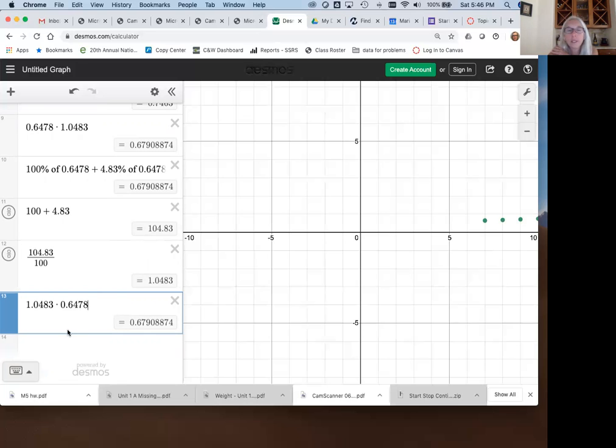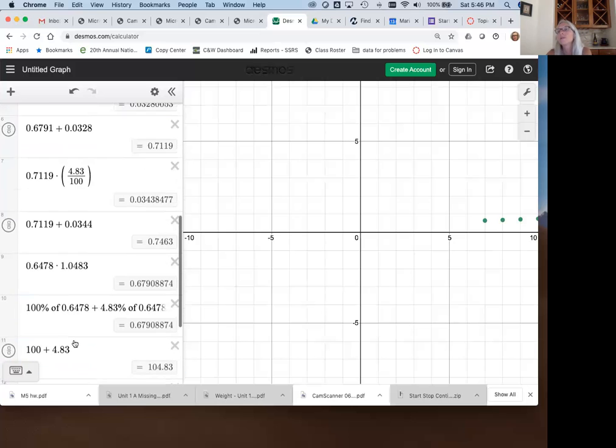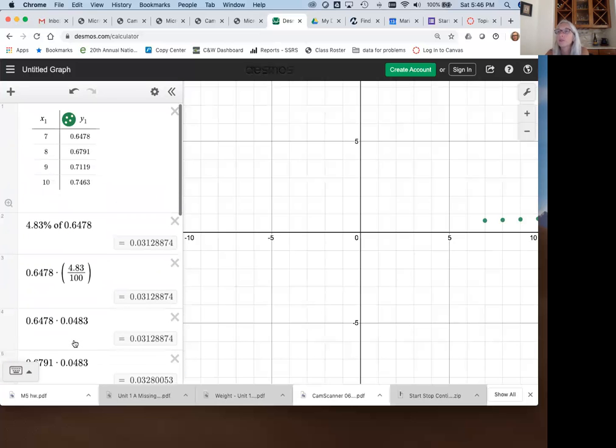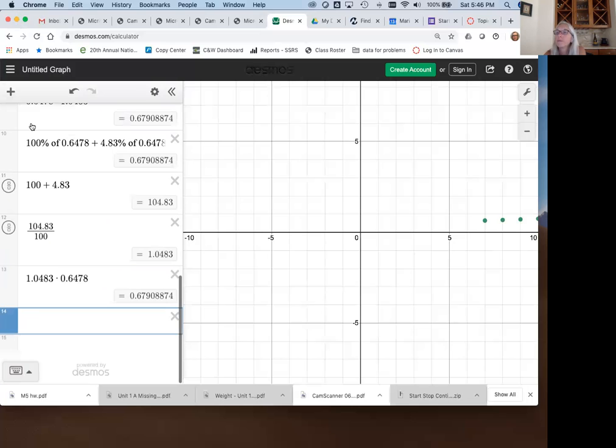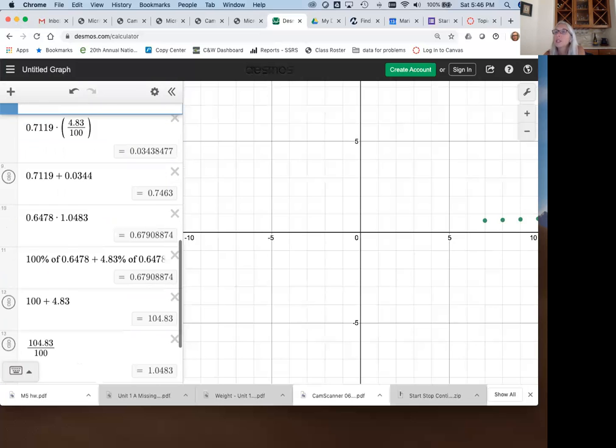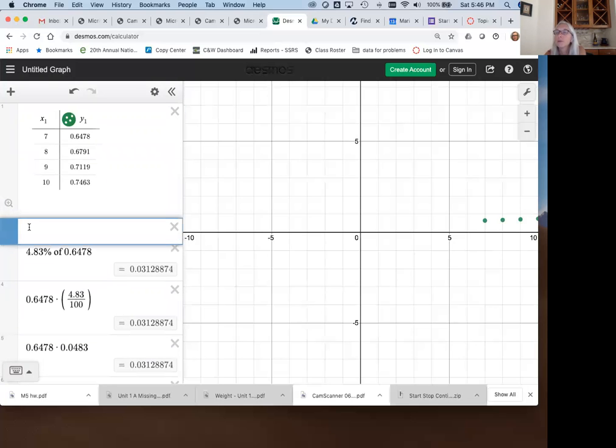All right, we still need to look at problem number 3 though. Problem number 3 asks you to look at the rate of change. Rate of change is always defined as change in output over change in input. So we always have to look at the change in the output over the change in the input.